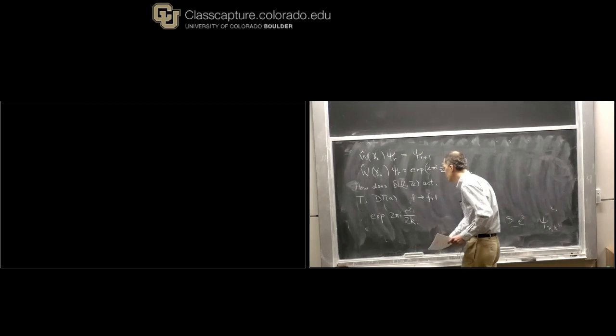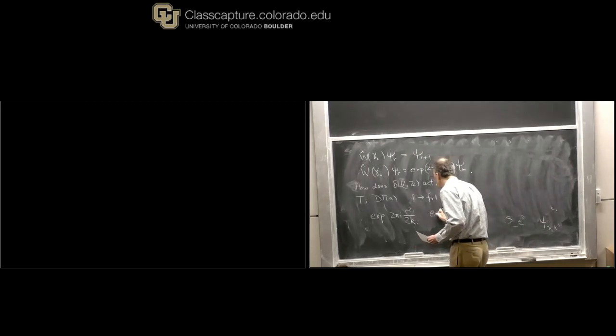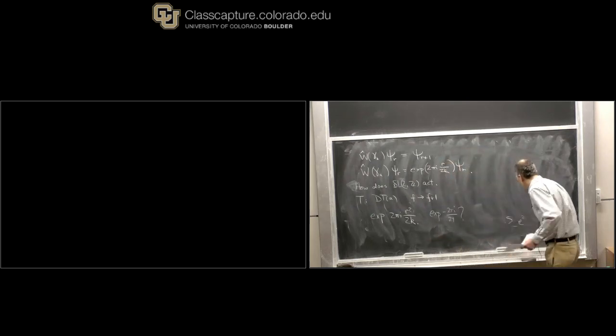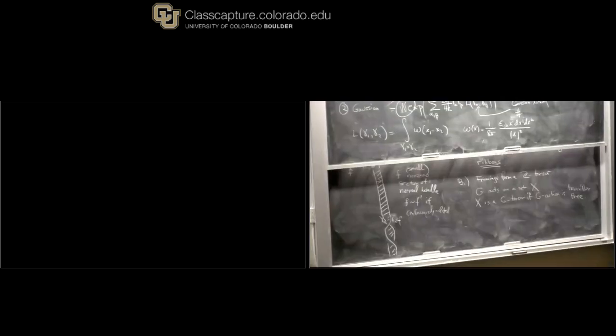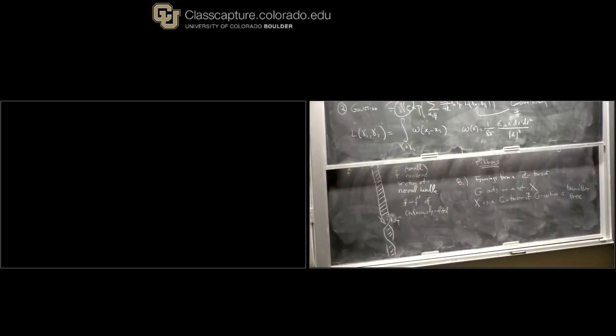So here's the embarrassment. What about the exponential of minus 2 pi i over 24? Well, that's because we haven't talked about the normalization factor here. So real quick, I'm at the end of my time.